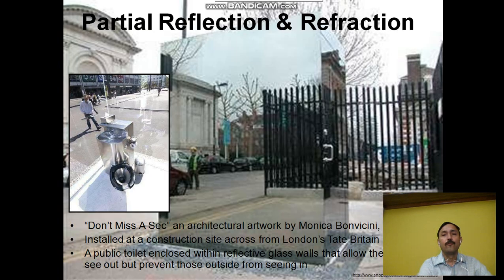One very good example of partial refraction is an architectural artwork, Don't Miss a Second, by Monica Bonvicini in December 2003, installed at a construction site across from the London Stateside Britain's Museum.